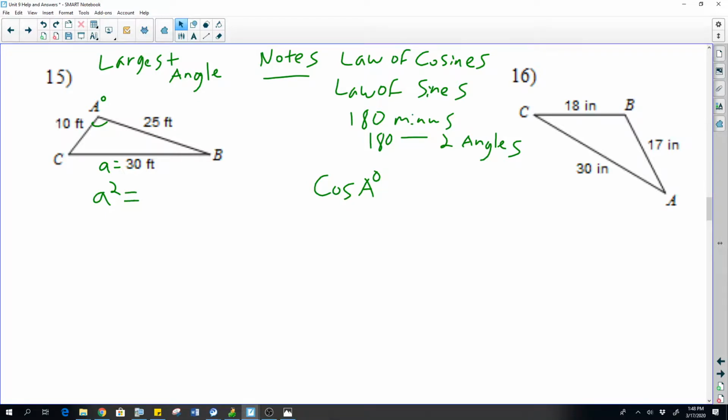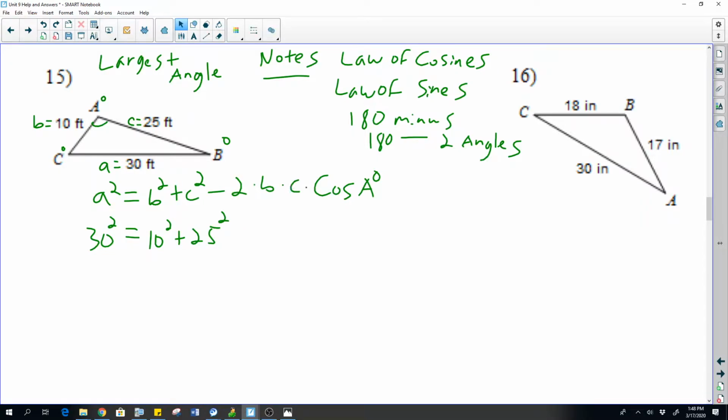So that's a squared, which in this case is 30 squared, equal to, and then across from big B is little b, and across from angle C is little c. We use those two sides squared and added, so 10 squared and 25 squared, and then minus 2 times those two sides.